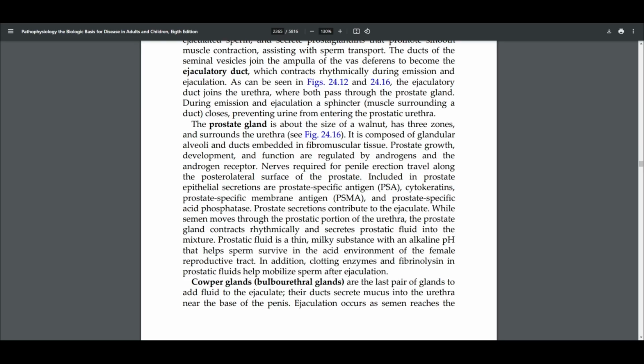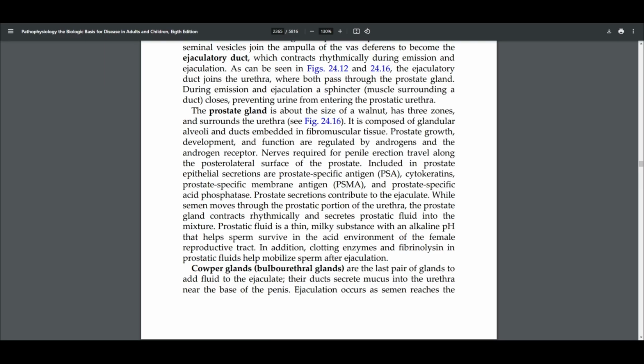Nerves required for penile erection travel along the posterolateral surface of the prostate. Included in prostate epithelial secretions are prostate-specific antigens, cytokeratins, prostate-specific membrane antigens, and prostate-specific acid phosphatases. Prostate secretions contribute to the ejaculate. While semen moves through the prostatic portion of the urethra, the prostate gland contracts rhythmically and secretes prostatic fluid into the mixture.